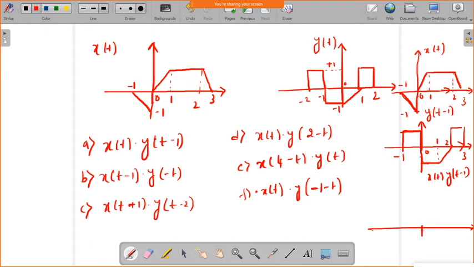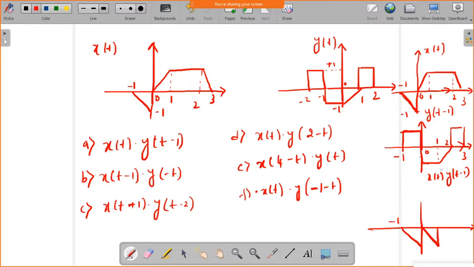So from minus 1 to 0 it will be the same. Coming to 0 to 1, it is minus 1, and here it is a positive ramp. A positive ramp multiplied by minus 1 gives a negative ramp. So that is from 0 to 1.